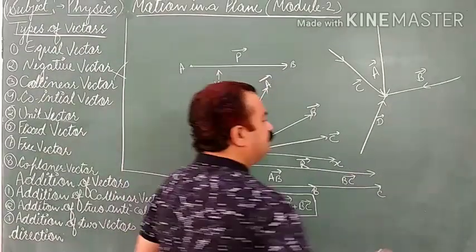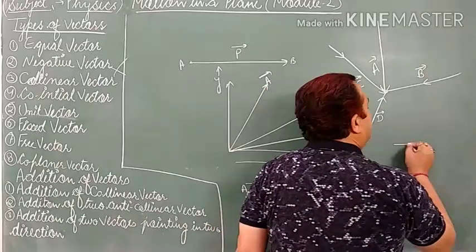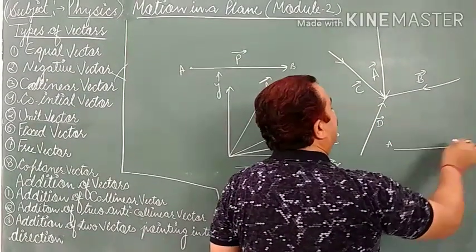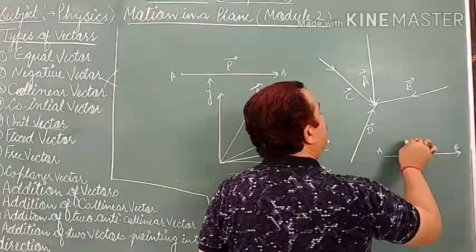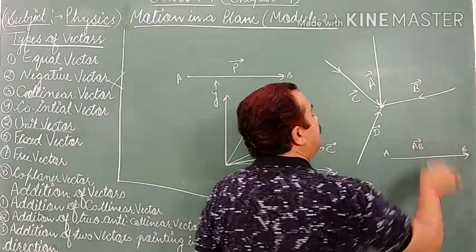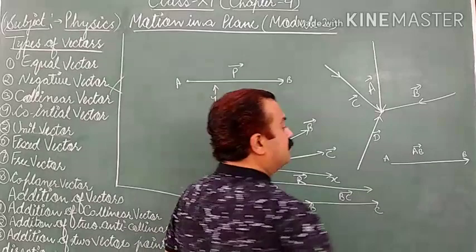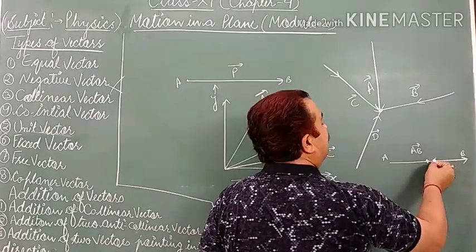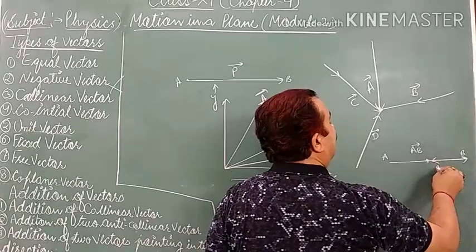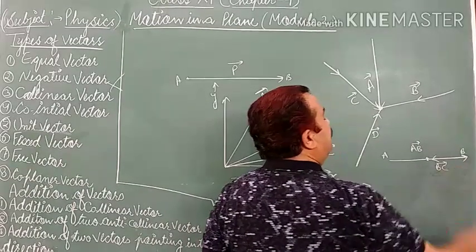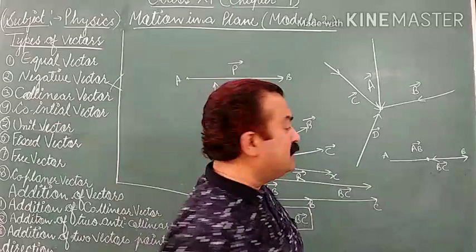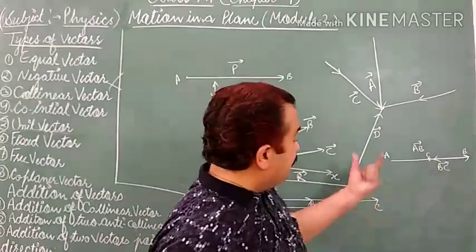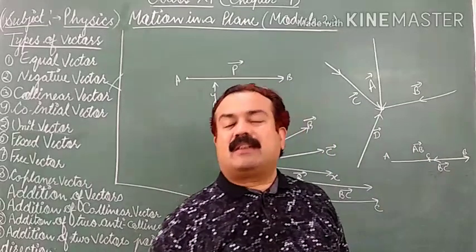See, beta, if this is our first vector, maybe AB vector, and another vector is from B to C, and you want to find the resultant in this situation, then how can you find it? Simply, AC is the resultant vector.